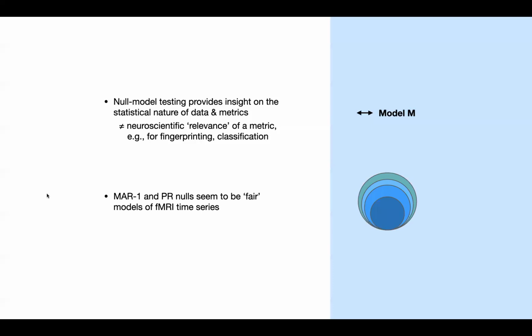Then, if you want to use a null, it can still be useful, in order to understand the nature of the statistical information that you are exploiting. For example, if you have a classification into 5 states, you compare it in original versus AR surrogates, and you find that the transition matrix is to a large extent the same.